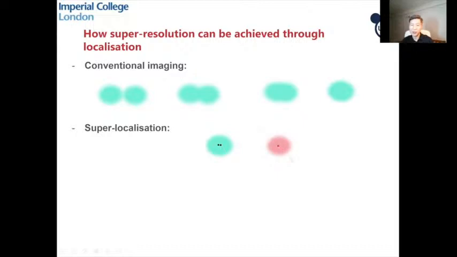Then you turn it off and turn the other one on, and you can find the center of the second scatterer. And by accumulating these two dots, you can separate these two scatterers.